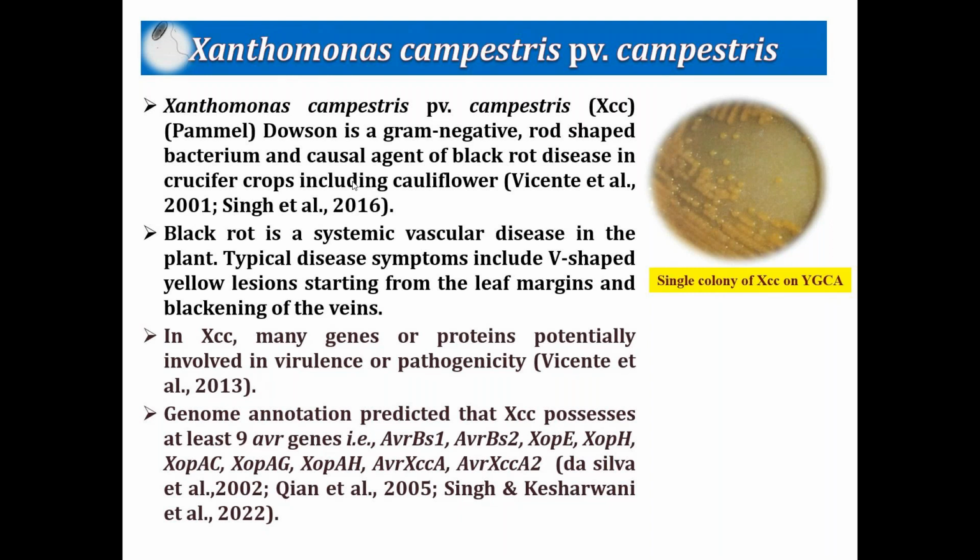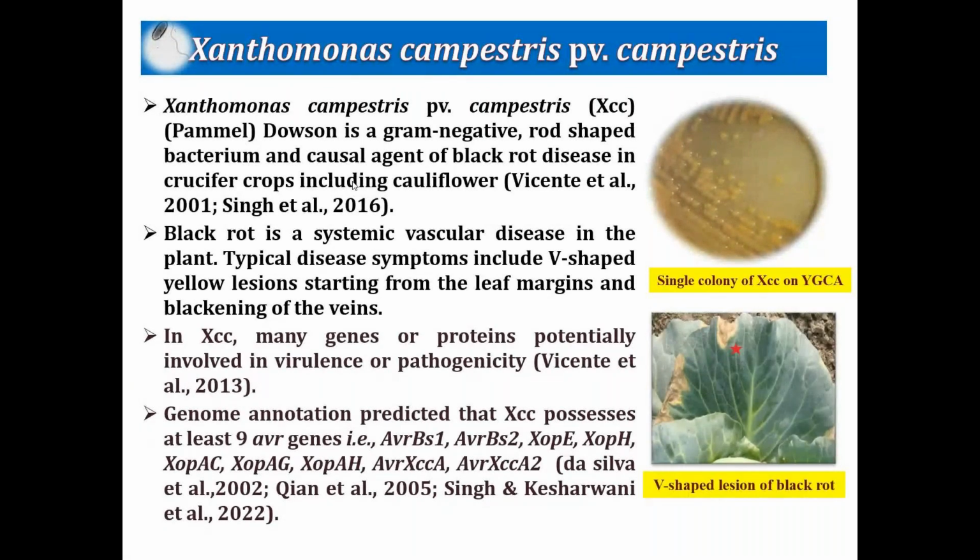In XCC, many genes or proteins are potentially involved in virulence or pathogenicity development in crucifer crops, and the genome annotation of this pathogen shows at least 9 AVR genes: AvrBs1, AvrBs2, XopE, XopH, XopAC, XopAG, XopAH, AvrXccA, and AvrXccA2. In my PhD research work, I have characterized the functional role of AvrBs1. The second picture demonstrates the V-shaped lesion of XCC, represented by star marks.